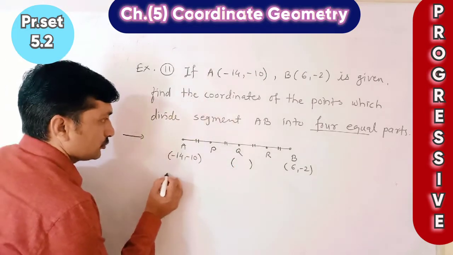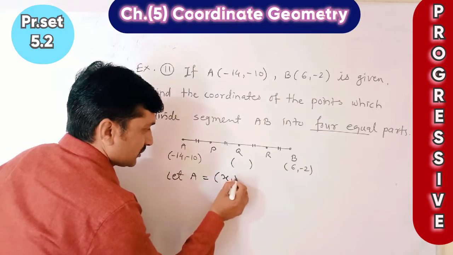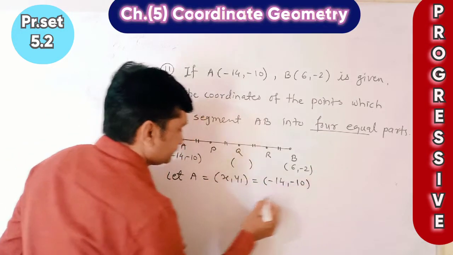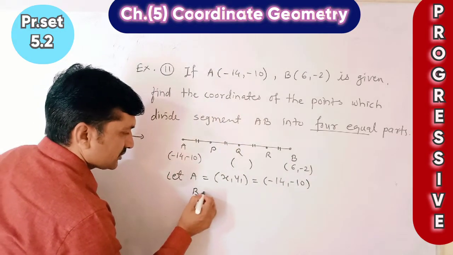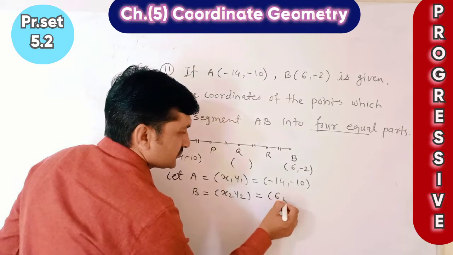Okay, let's start now. Let A be (x1, y1), coordinates (-14, -10). B is (x2, y2), coordinates (6, -2).